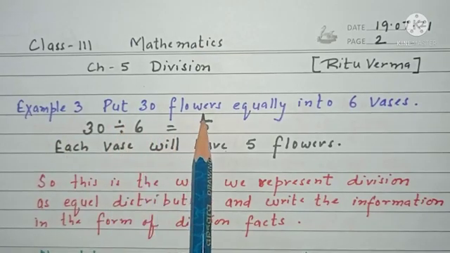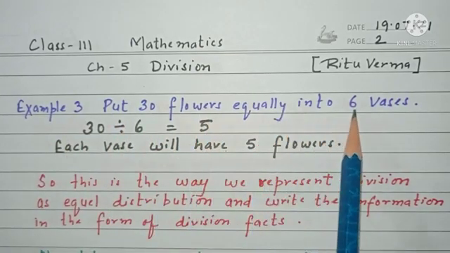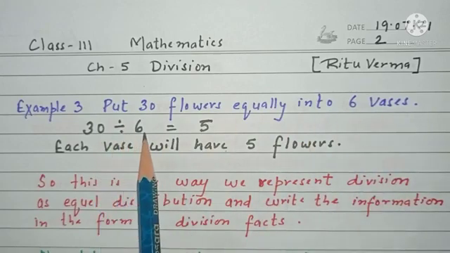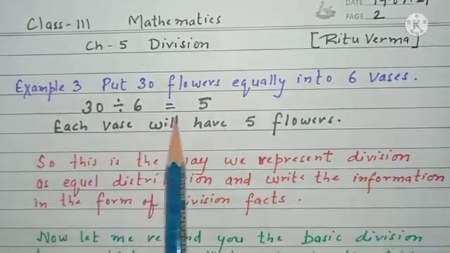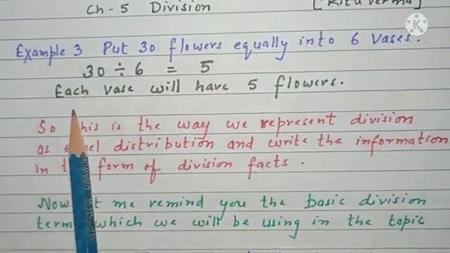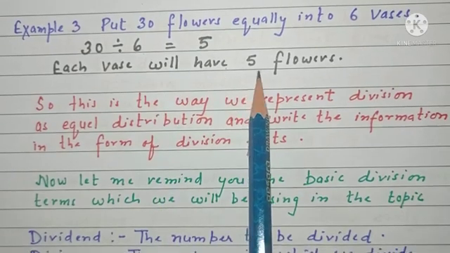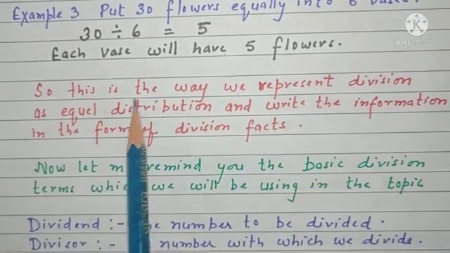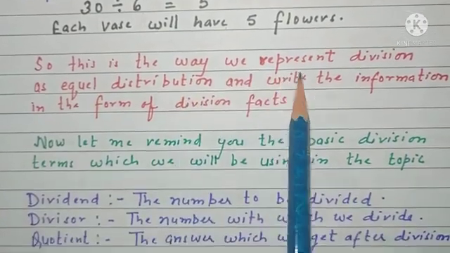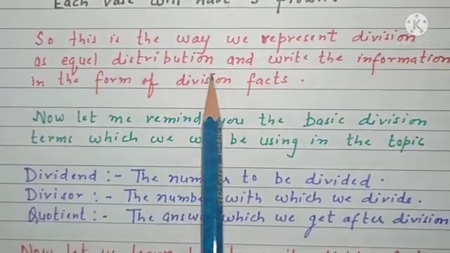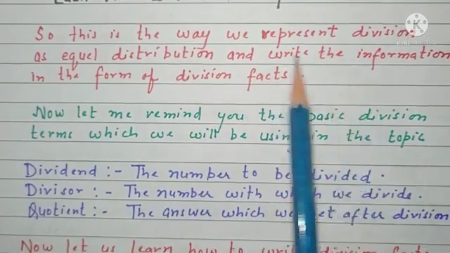Put 30 flowers equally into 6 vases. So that means 30 divided by 6. In the table of 6, look for 30. It's 6 fives are 30. That means each vase will have how many flowers? 5 flowers.